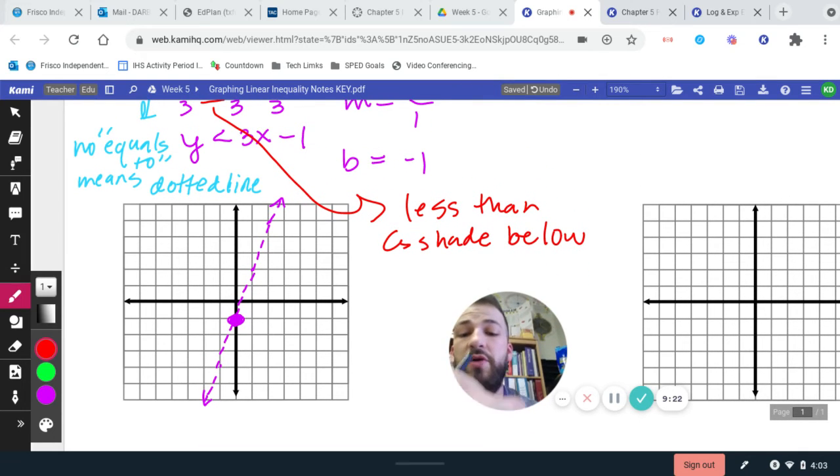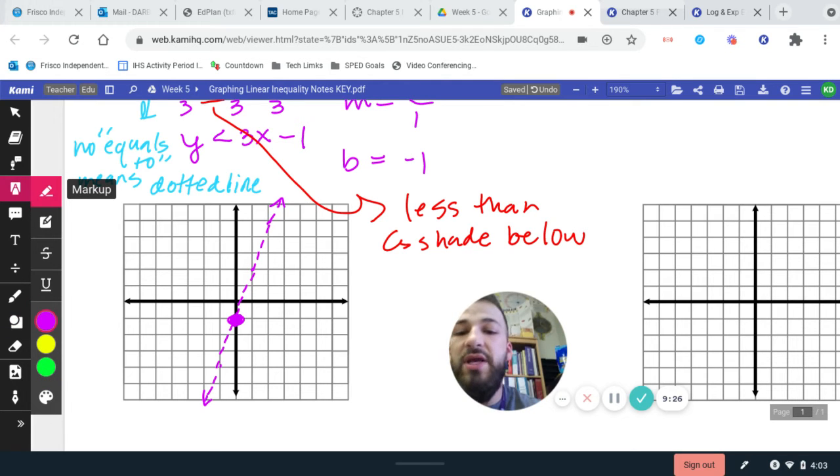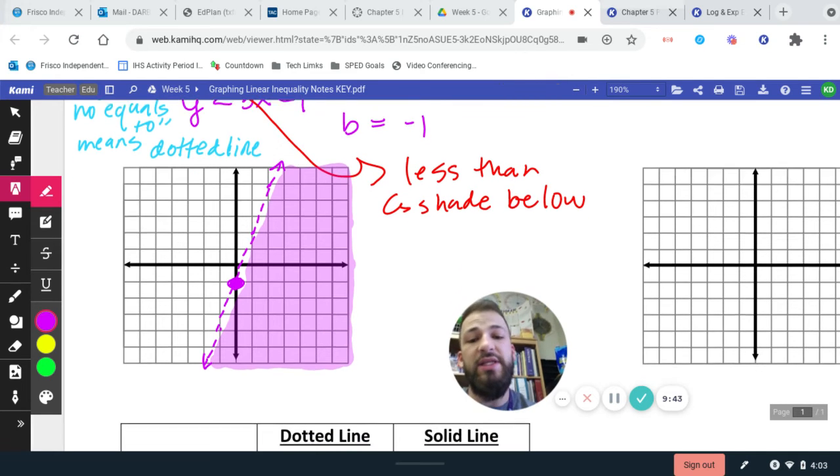So below, we go down below our equation. So that's going to be all this region down here. And obviously, you do not have to be perfect at coloring this.